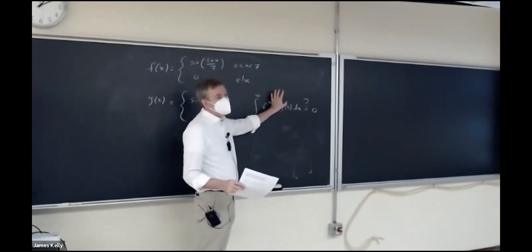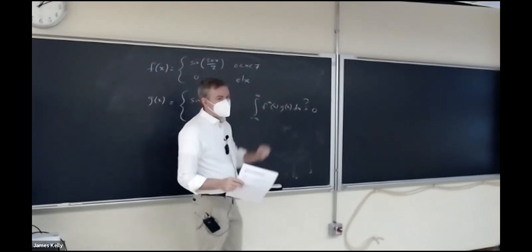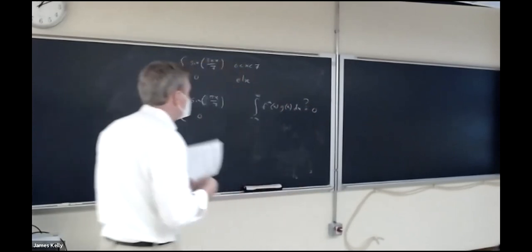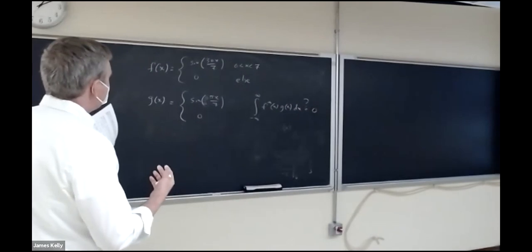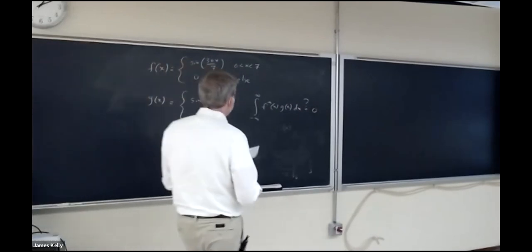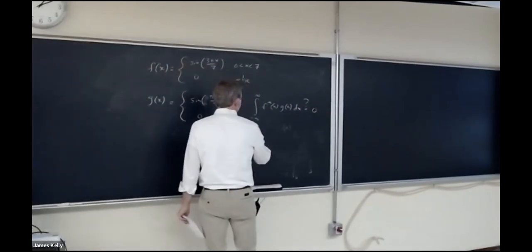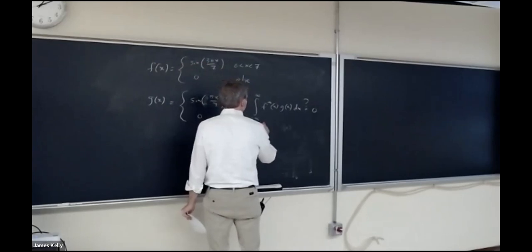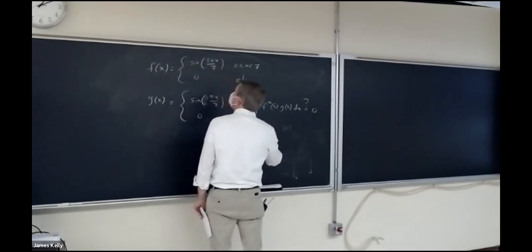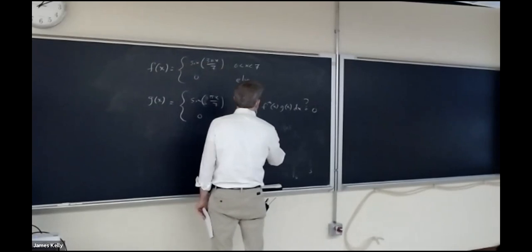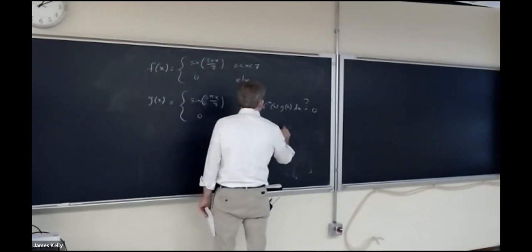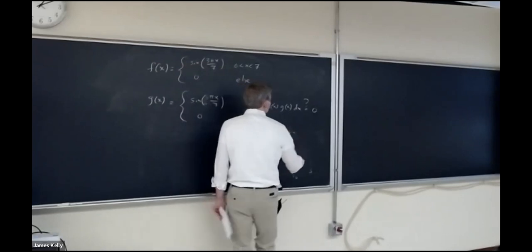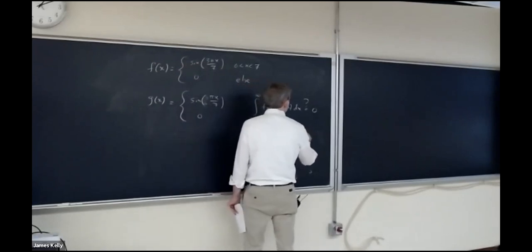If one of them is 0, the other one's going to be 0 with the other ordering, right? Because if you integrate something and get 0, then when you integrate its complex conjugate, you're going to get 0 too. So this reduces down to the integral from 0 to 7 of sine 3 pi x over 7 times sine pi x over 7 dx.